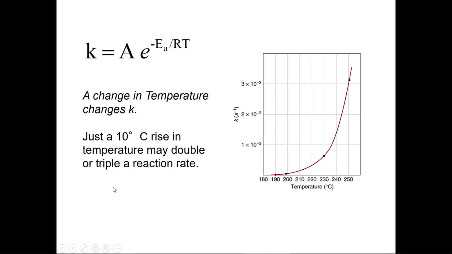Sometimes it's a very mild increase and sometimes it's very substantial, and it might depend on where you are in the curve. So if we look down here between 190 and 200, there's not a big difference in the k value. But between 230 and 240, or even 240 and 250, we get a more dramatic increase in the rate constant k with the same kind of temperature change.